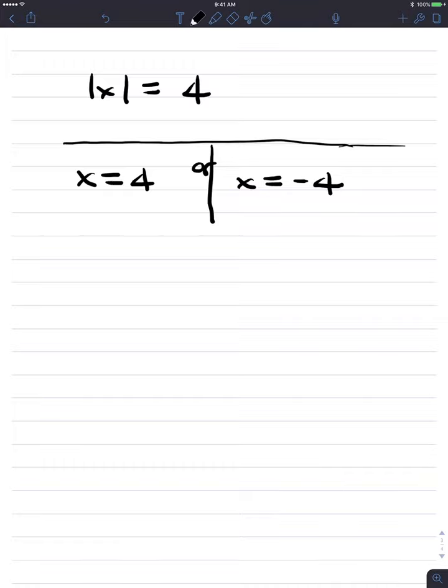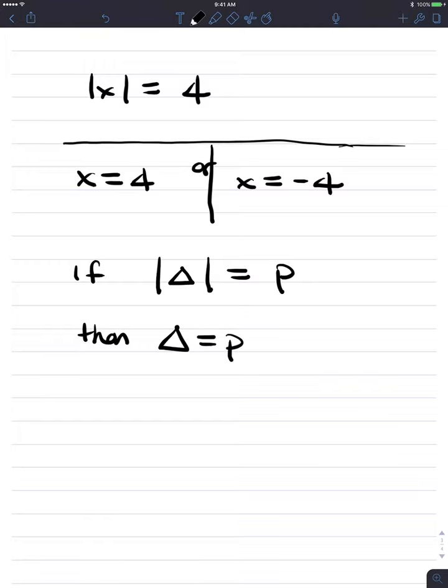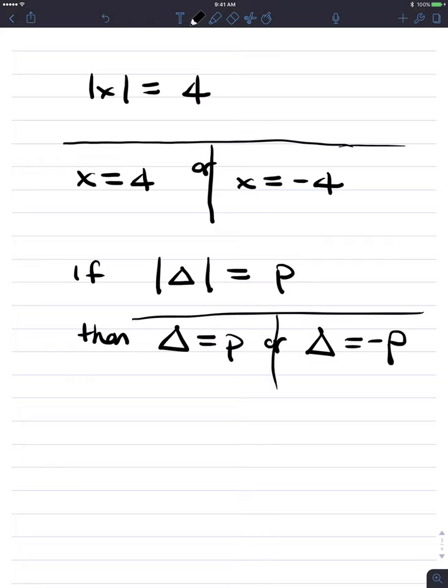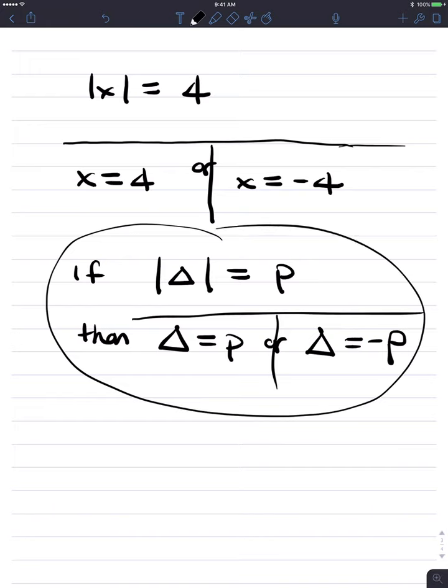And that's because if the absolute value of some number or even expression equals a positive number P, then that number or expression is either P or opposite P. This is where this T comes from. This here is what we use to solve absolute value equations.